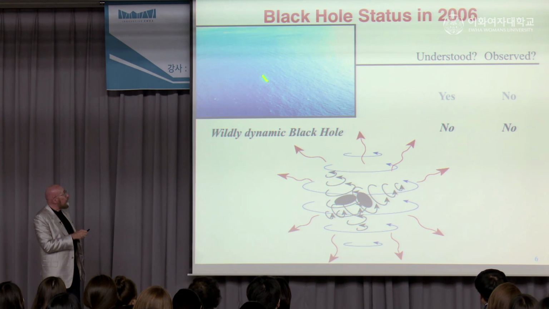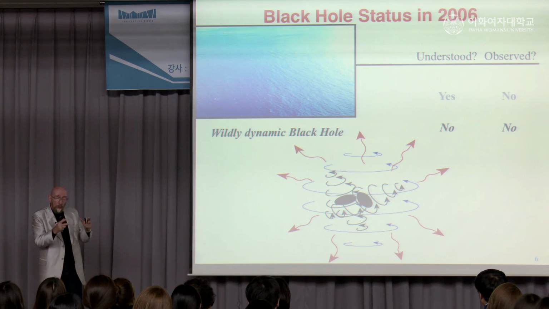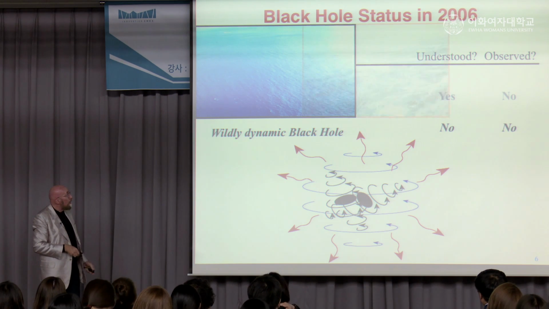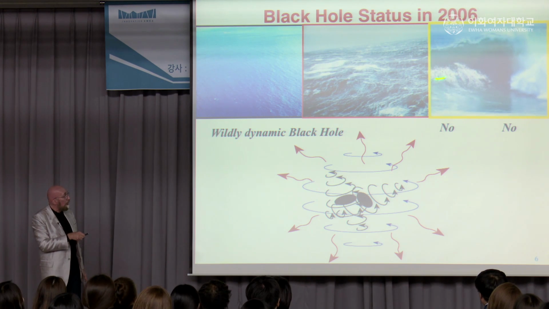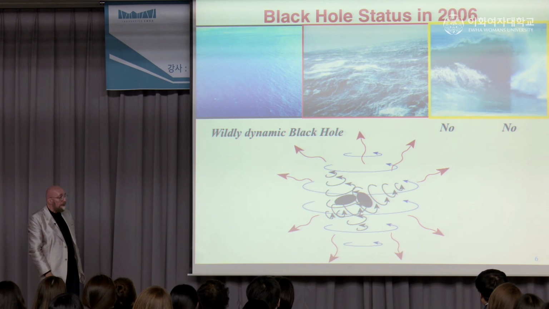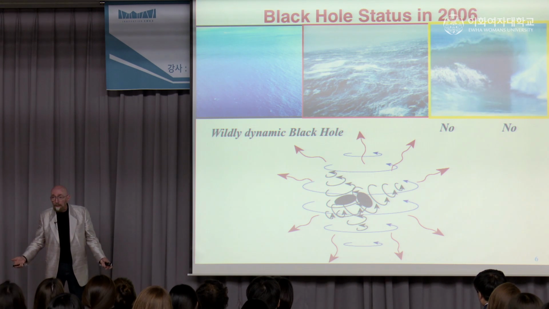It's as though you had seen the surface of the ocean on a very calm and quiet day. That's rather like a quiescent black hole that is just sitting here spinning. You had never seen the ocean in a storm. You had never seen breaking waves driven by wind as they approached the shore. And you had just no knowledge of that either theoretically or observationally.